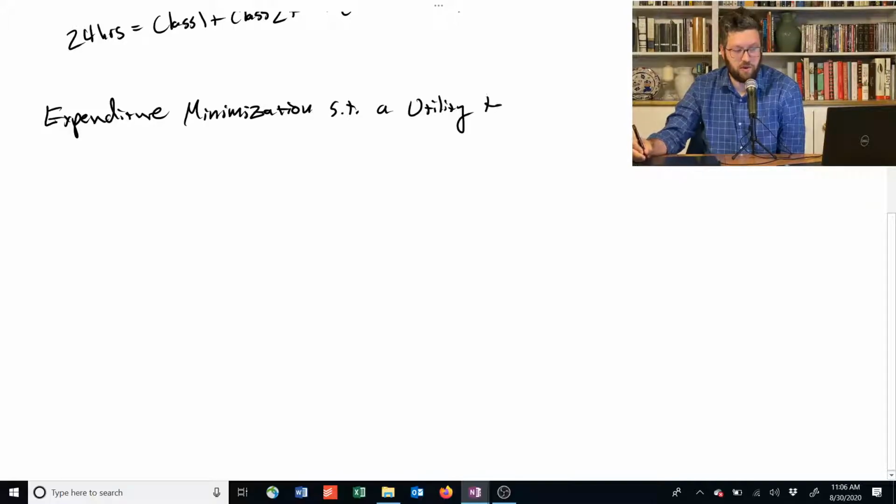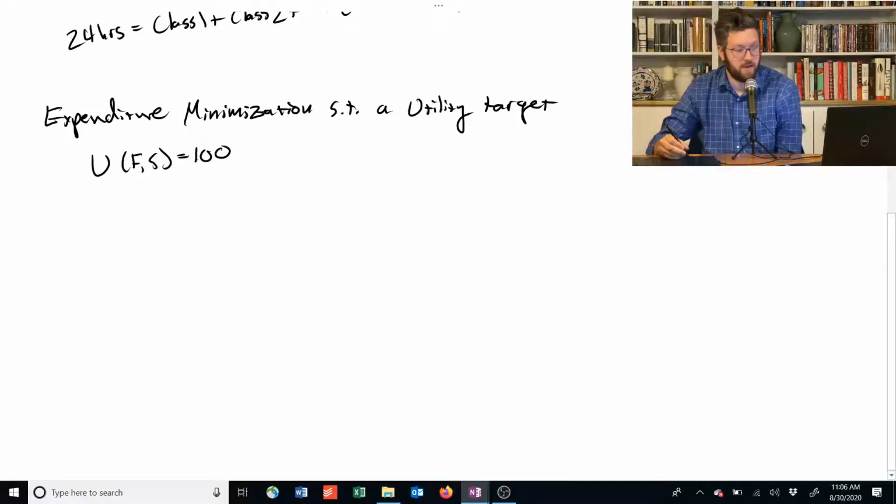So you have a problem where you want to hit a certain level of utility. Suppose we want utility to be equal to 100, and the amount that you spend achieving that is going to be the price of food times the amount of food you choose to buy plus the price of shelter times the amount of shelter. How do we set up the Lagrangian to solve this problem?